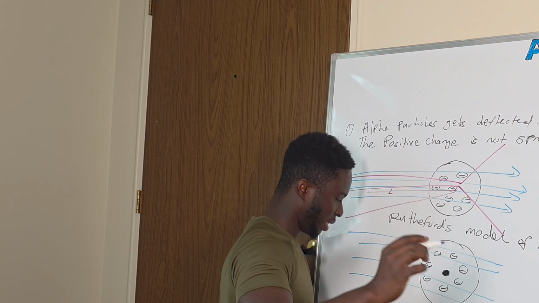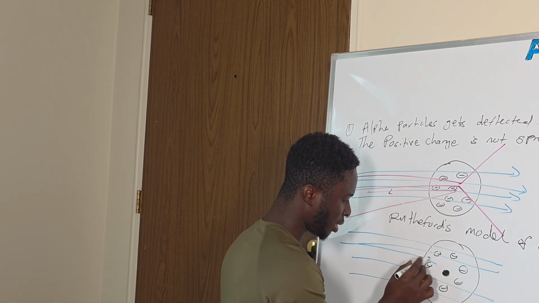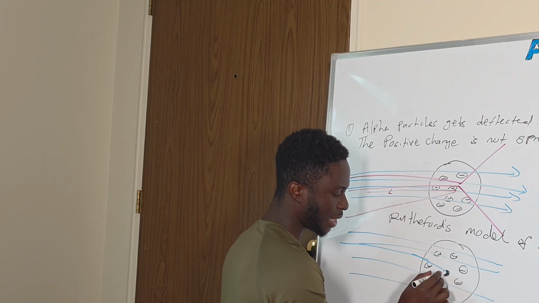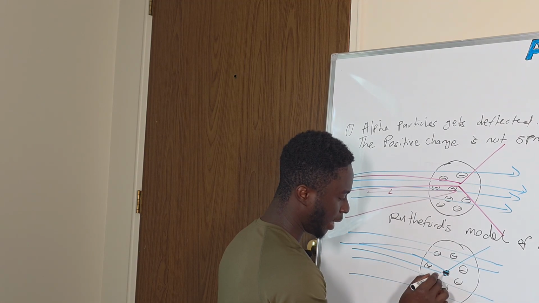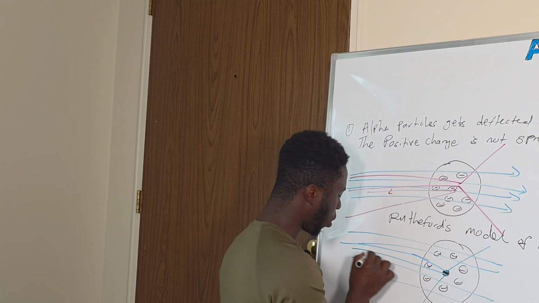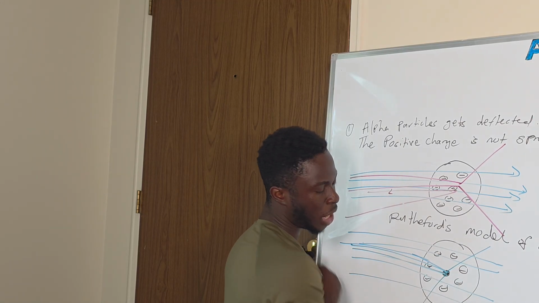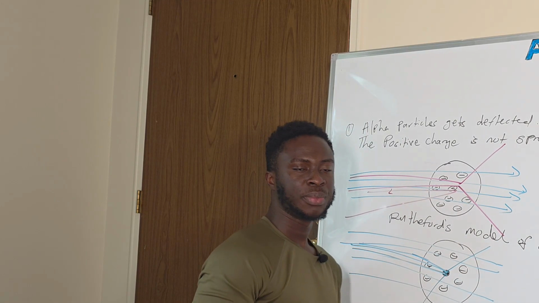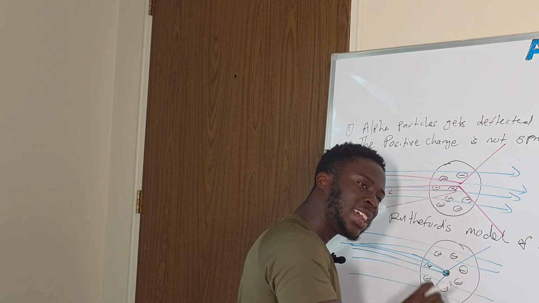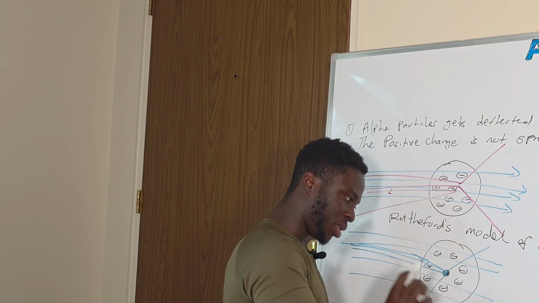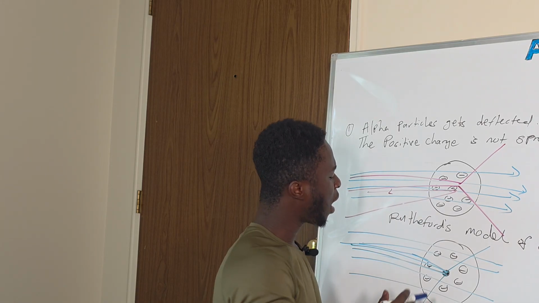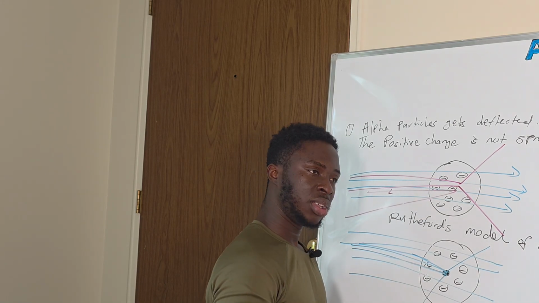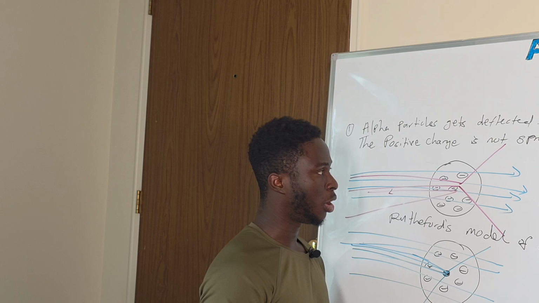But the moment you shoot the alpha particles and one hits the center, it could get deflected, or it could actually get bounced right back to you, because over there is a concentrated positive charge. So that was how Rutherford's model of an atom came to be.